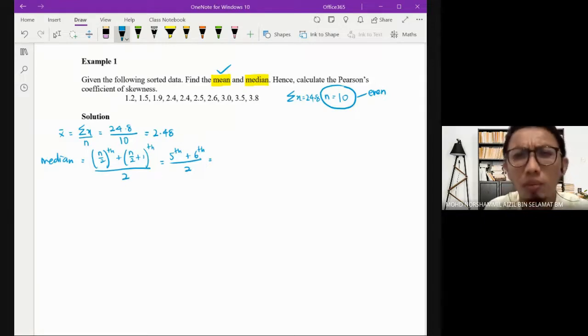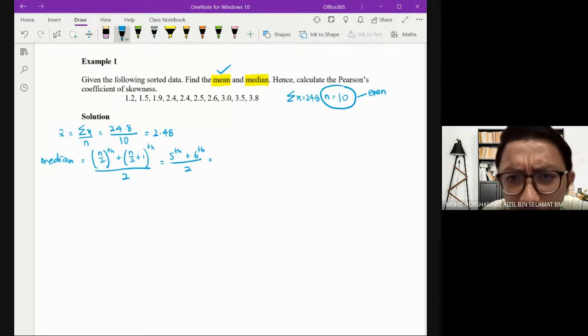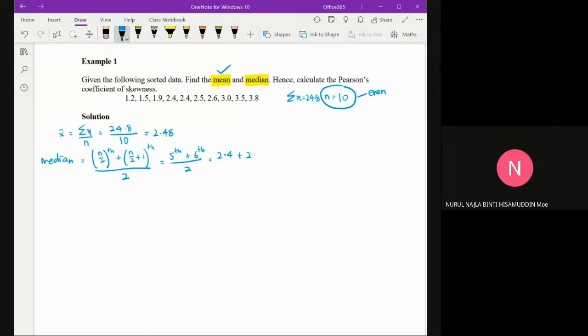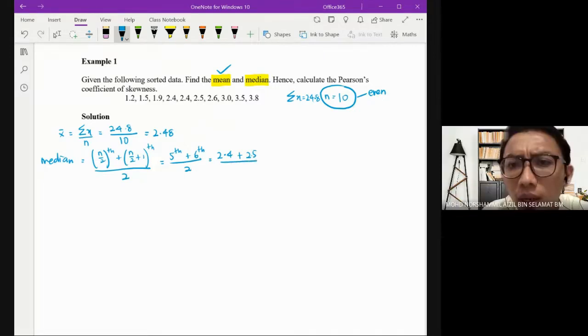5th data? 2.4. And then plus the 6th, 2.5. 2.4 plus 2.5 divided by 2. So the answer will be?